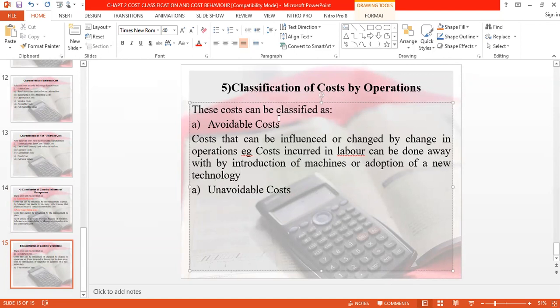So such costs, labor costs, are avoidable. Why are they avoidable? Because you can introduce a new technology which will declare the employees irrelevant.